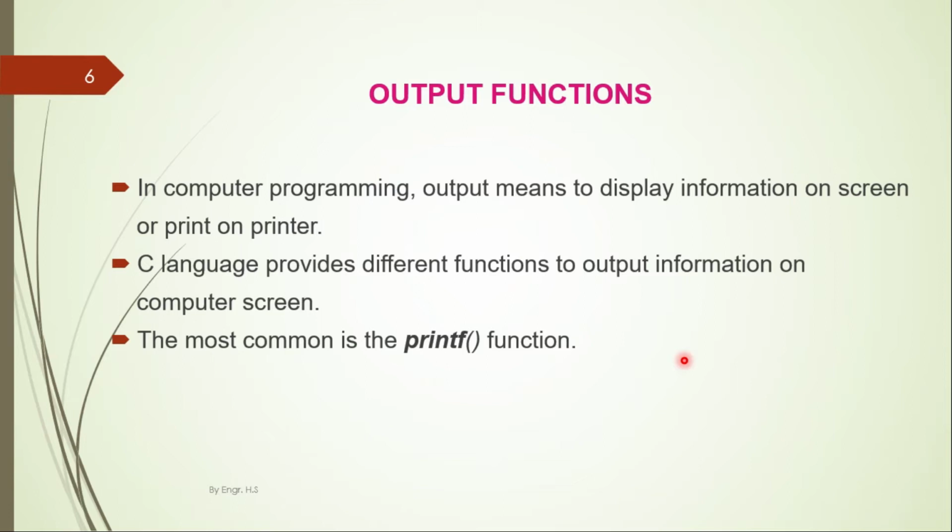So C language provides different functions to output your information on your computer screen. The most commonly used output function in C is the printf function. If you want to see your output in a C program, then you need to use an output function which is called the printf function.